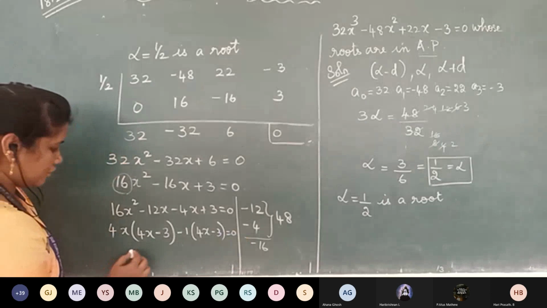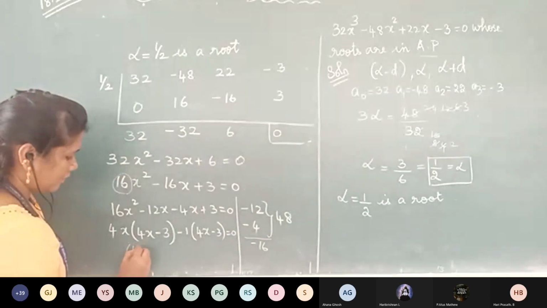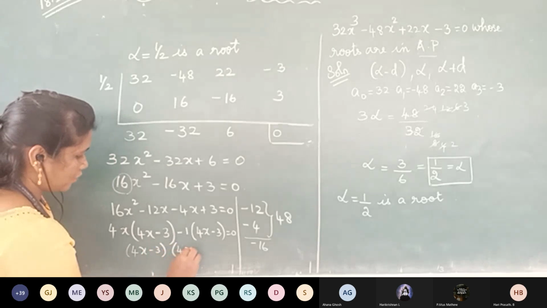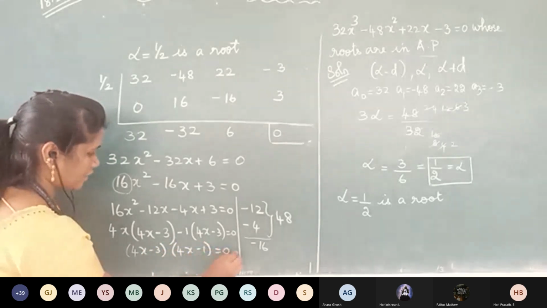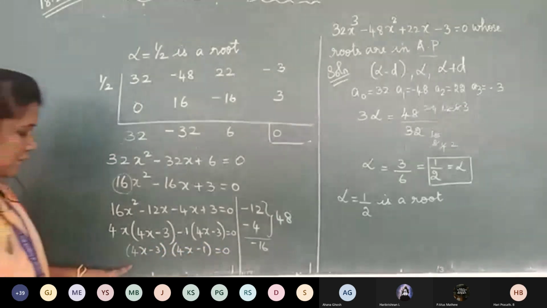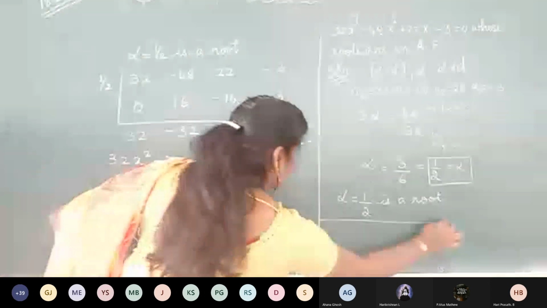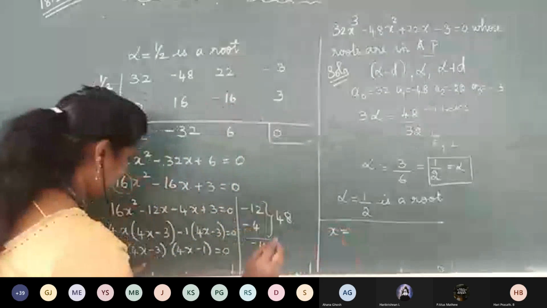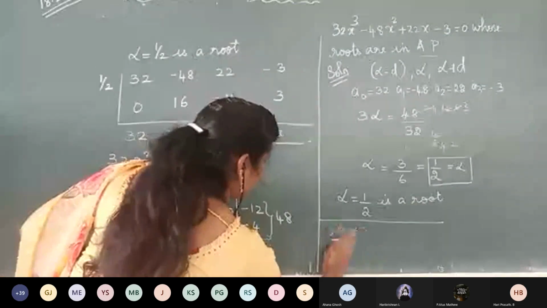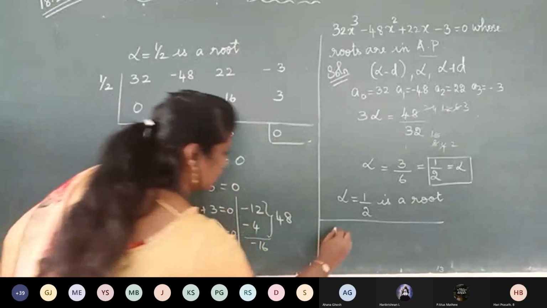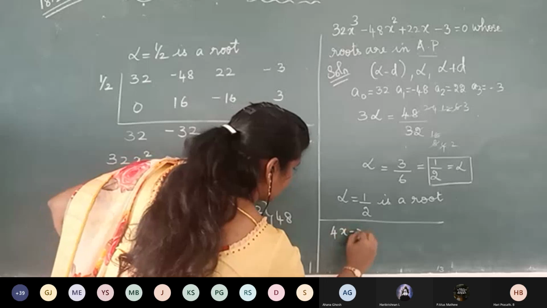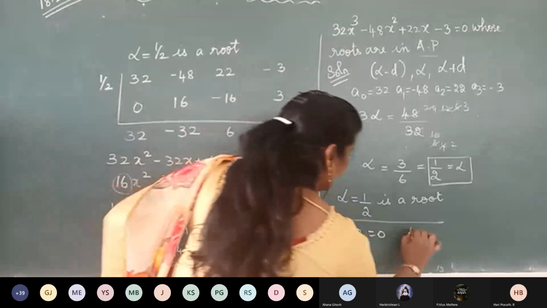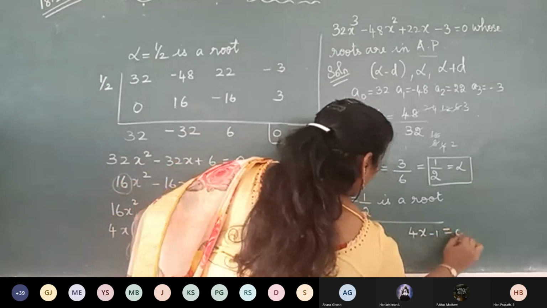Another one is 4x minus 1 equal to 0. I will write the equations: 4x minus 3 equal to 0, and 4x minus 1 equal to 0.